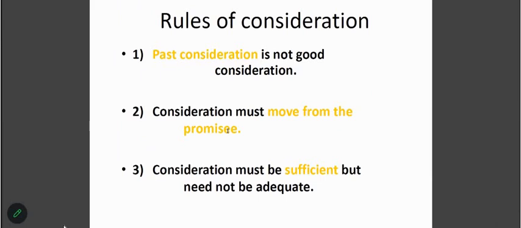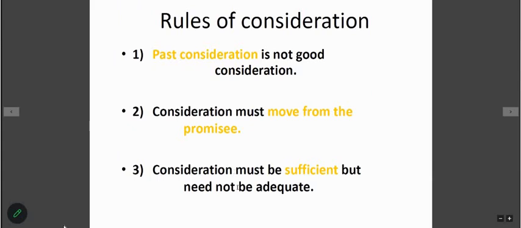Consideration must move from the promisee, that means the offeree. I'm the owner, I offer this job, you accept. But before signing, you have to consider, and after that you say, okay lah, I sign. Then at the end, the promisee has suffered a loss.